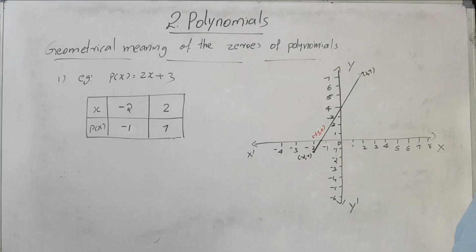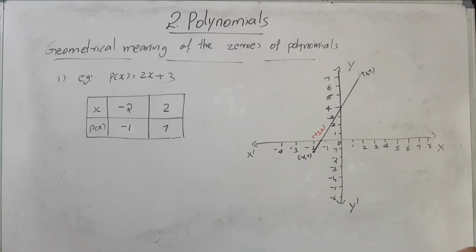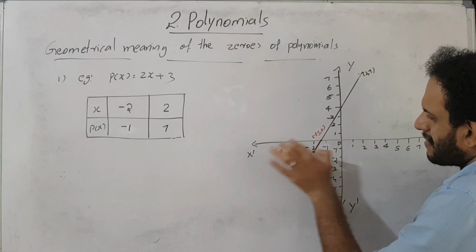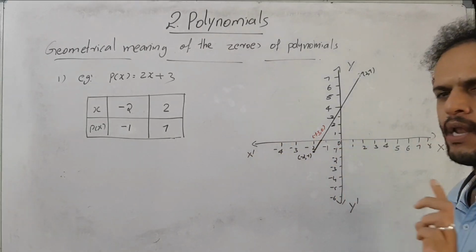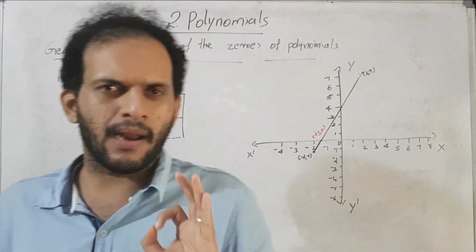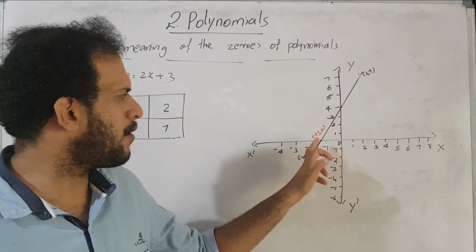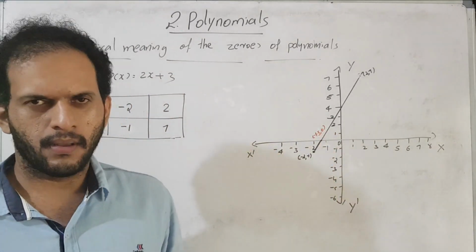What is that? The graph of linear equation is always a straight line, correct? Then here also we got a straight line. That straight line intersects the x-axis at exactly only one point, correct? The graph of a linear equation meets the x-axis at only one point.